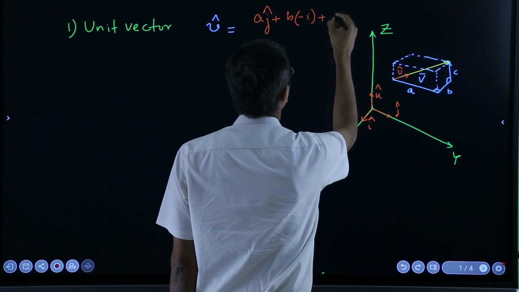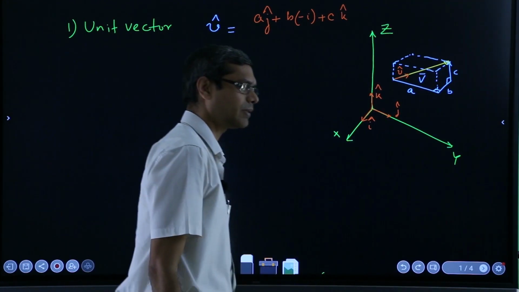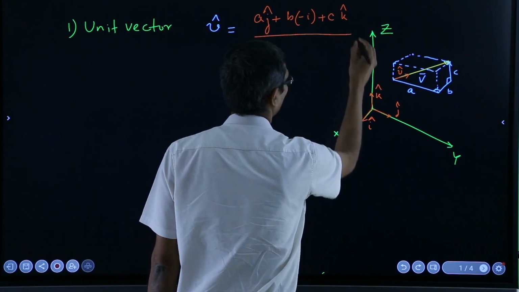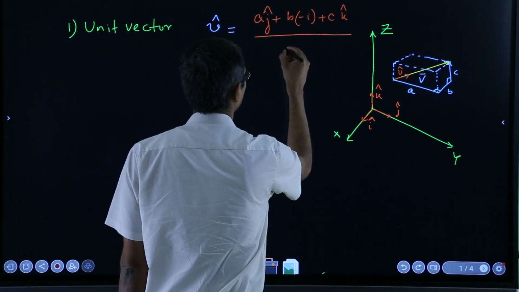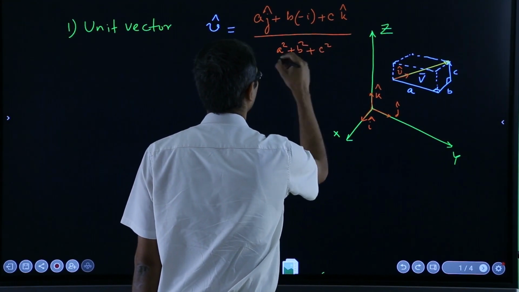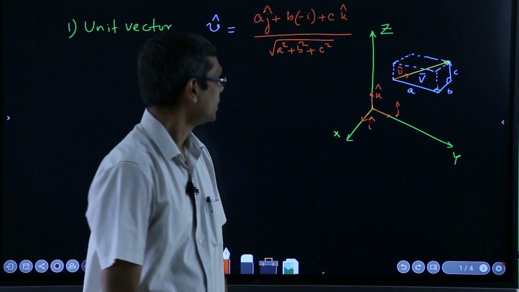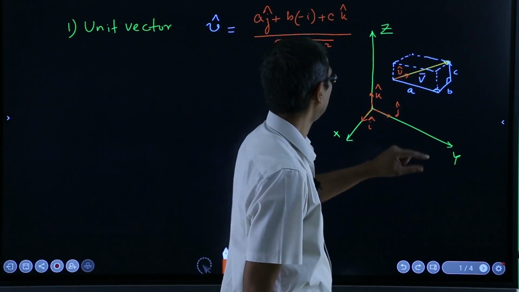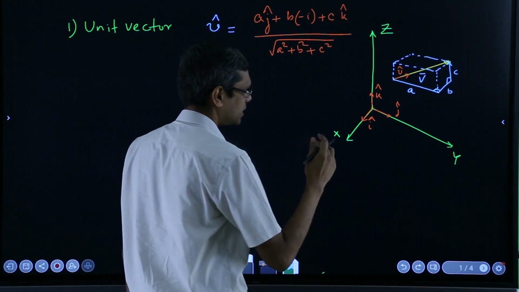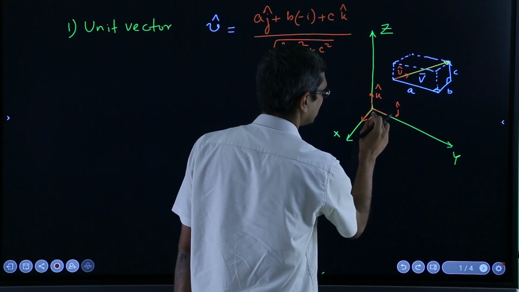c times k. So, this is the representation of that vector, but if you want to write the unit vector, you will have to divide by the magnitude of this, which will be nothing but the square root of a square plus b square plus c square. So, that means the whole vector, you now know how to represent it, because again to remind, this can be thought of as sitting here with the dimensions a, b, c.